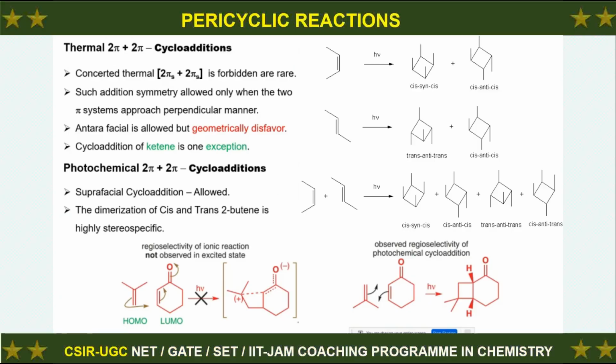When a mixture of these two unsaturated compounds is subjected to photochemical conditions, we are getting all of these above compounds, because one cis isomer can dimerize with a cis isomer, or one cis isomer can dimerize with a trans isomer. Trans also can dimerize. So there are so many possibilities, and all of the above compounds will be formed. This is the only excess one: cis, syn, trans. That's all.